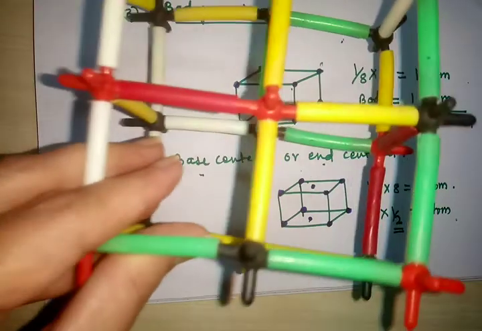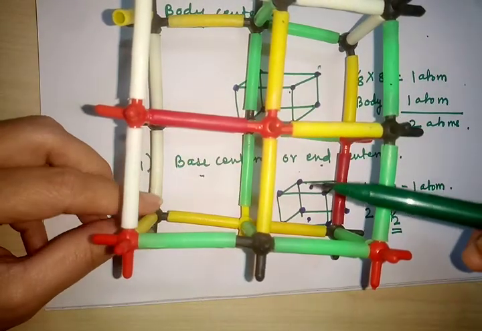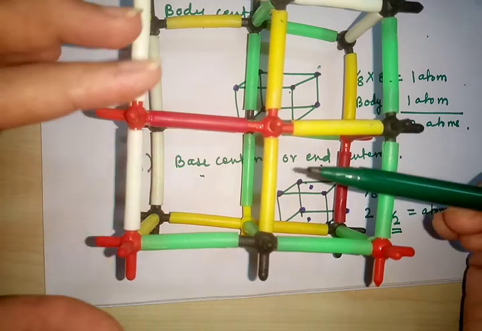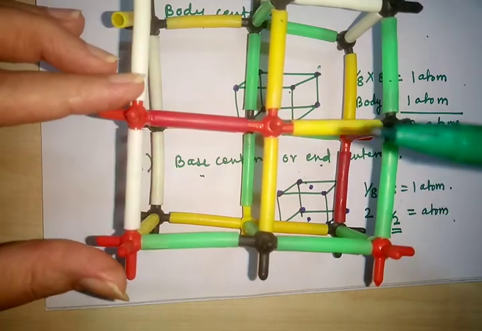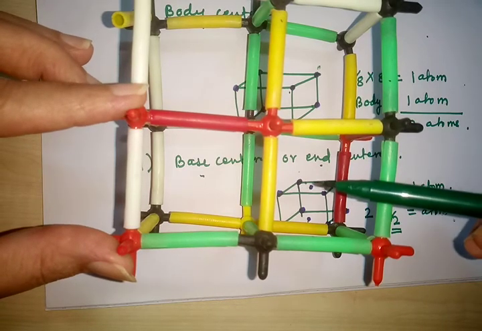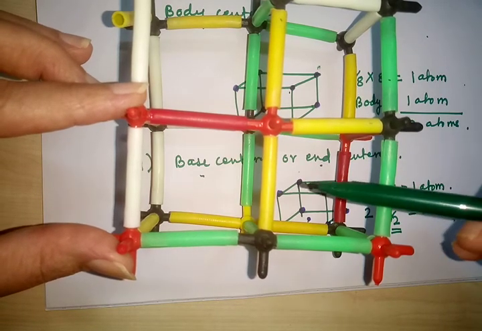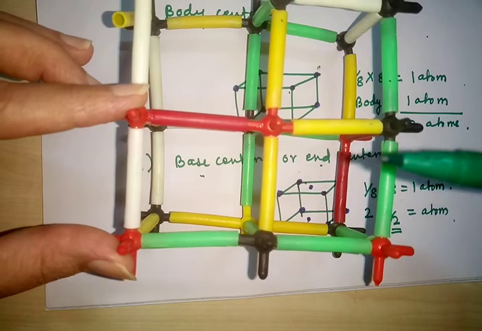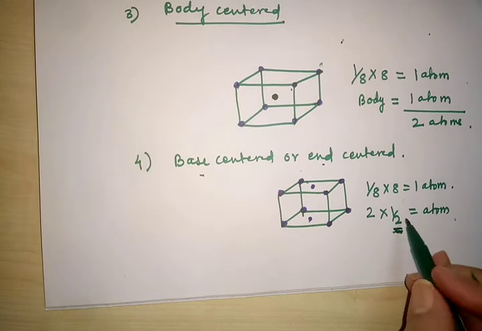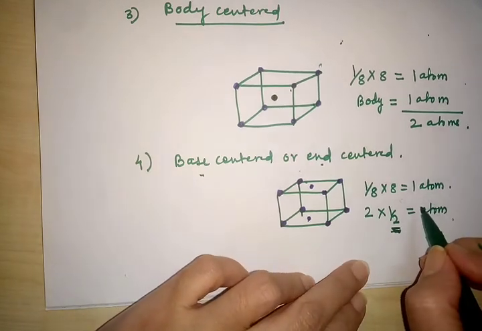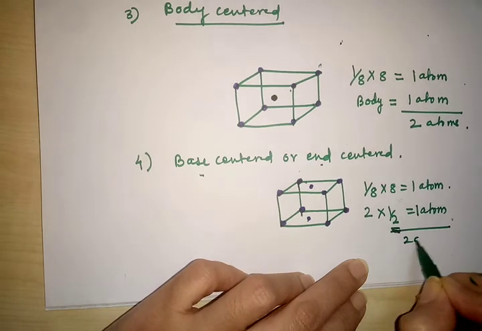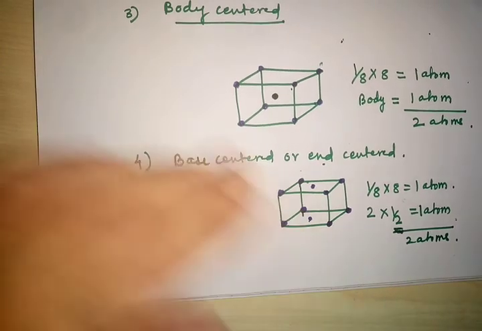You can see here, if you place this at this face, you can assemble one more unit cell up over here. So the particle at this center will be shared by this unit cell and the one above this. So the contribution would be half here. In total there will be 1 atom here, so the total contribution here will again be 2 atoms.